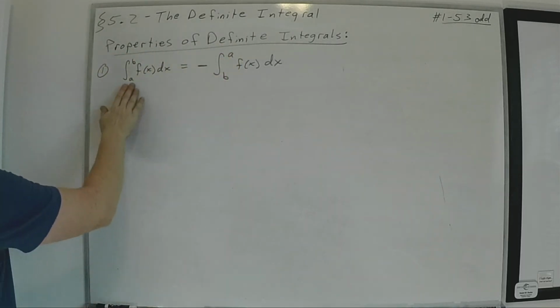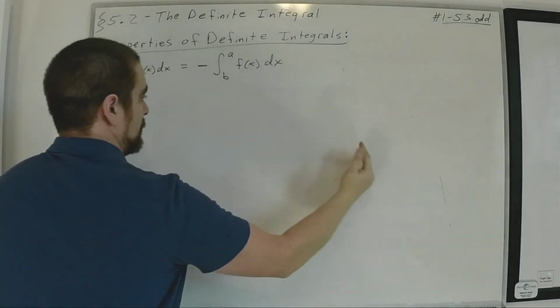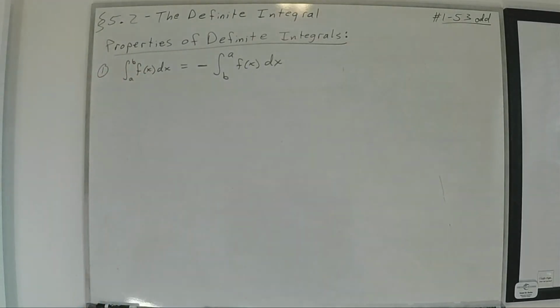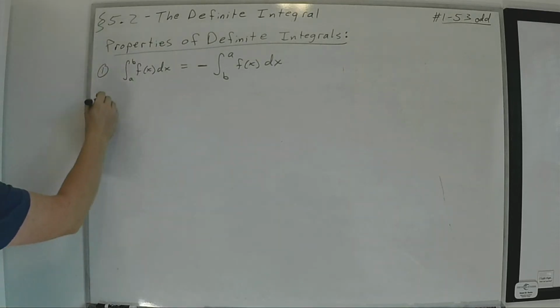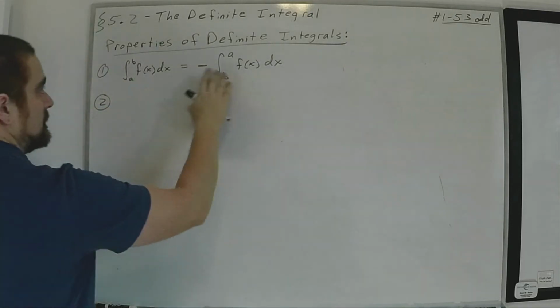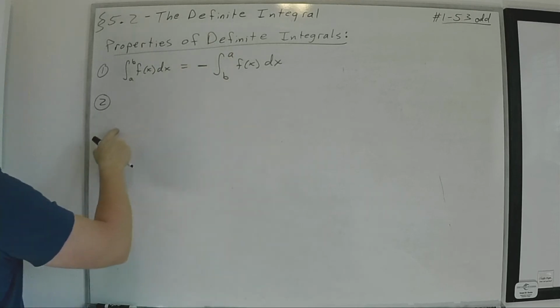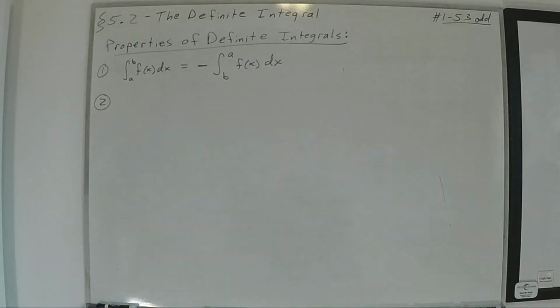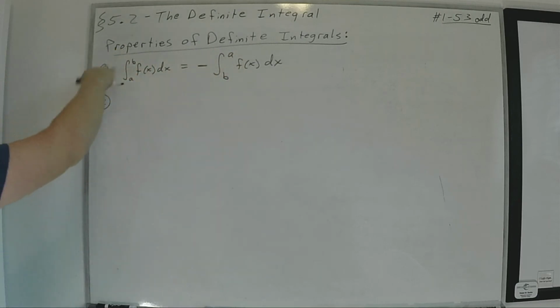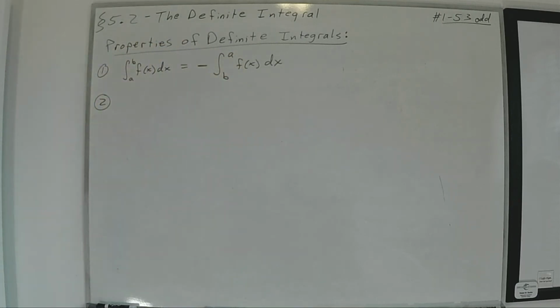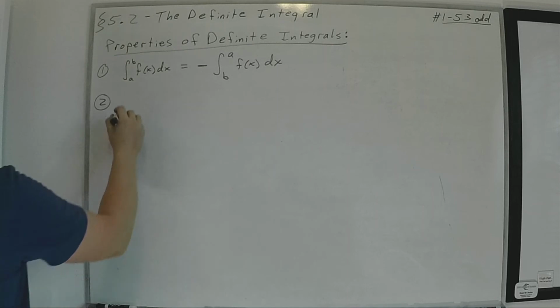Rather than integrating from left to right, we're integrating from right to left. You can think about it that way. So you can always do this, flip those bounds, but make sure you're negating the function when you flip those bounds. Or if you were to flip them back, then it'd be a negative negative, which means back to positive. So you're always allowed to do that.